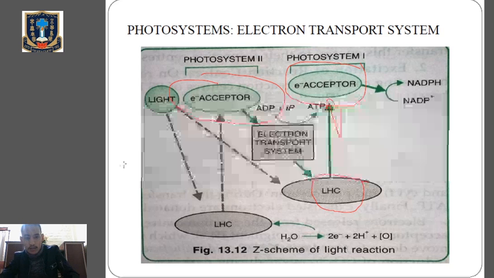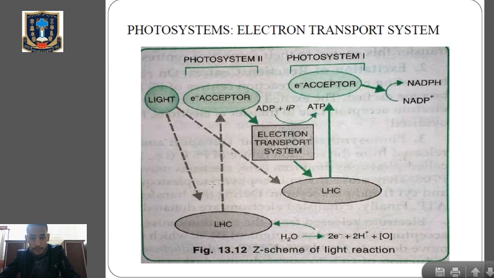So here we can see that the electrons of the light harvesting complex of PS2 will become excited when it will receive the light. So the LHC, or the reaction center of PS2, will receive the light. It becomes excited. The electrons will be given to the electron acceptor of PS2, clear, and from the electron acceptor the electron will move through the electron transport system downhill.